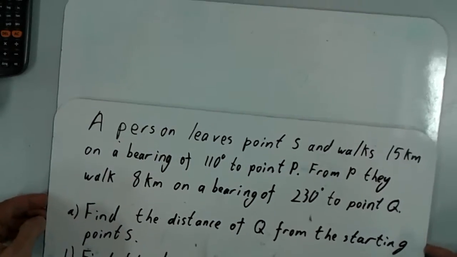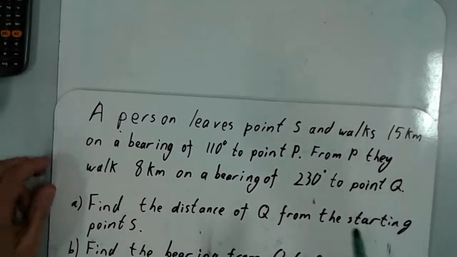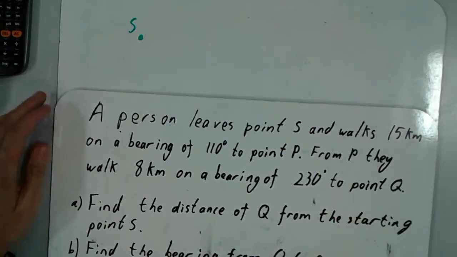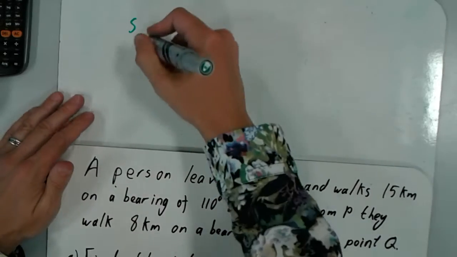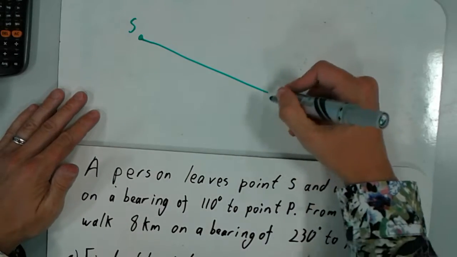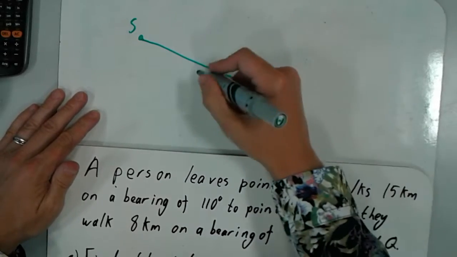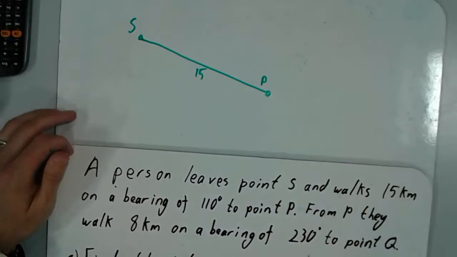So it says, first of all, that the person leaves S on a bearing of 110 degrees and walks 15 kilometres. Call that point P. 15.